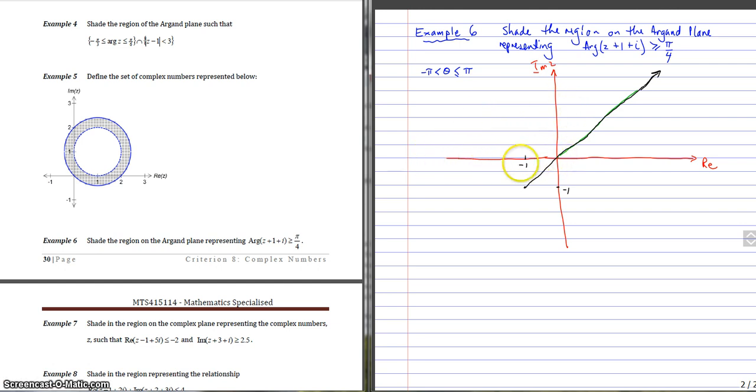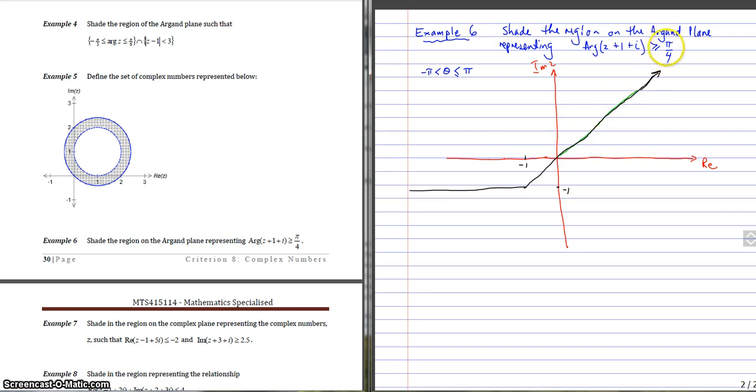But because we're translated down and to the left, we need to draw also a line across in that direction. Okay, parallel with the real axis.